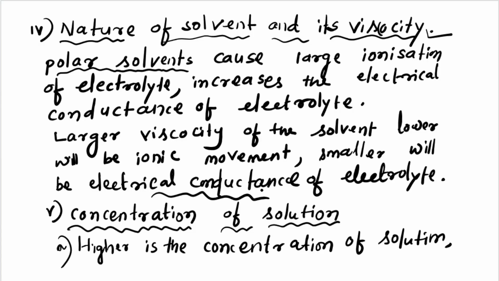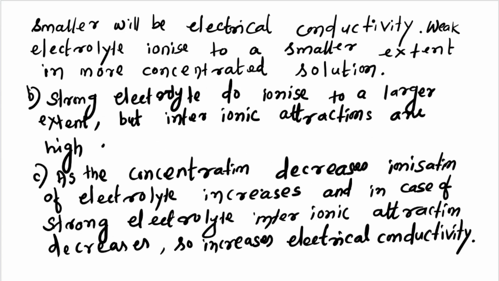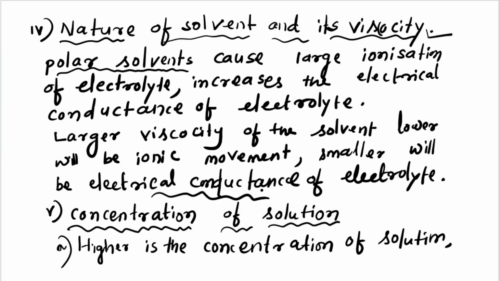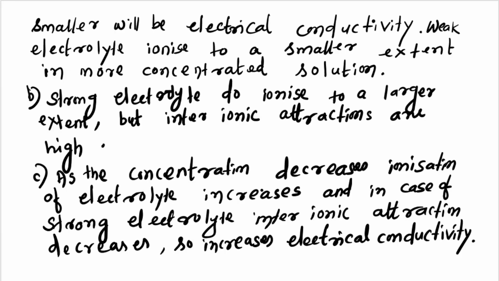If the salt or electrolyte is very high and there is less water, then it is called higher concentration. So with higher concentration, the electrical conductance is very small.